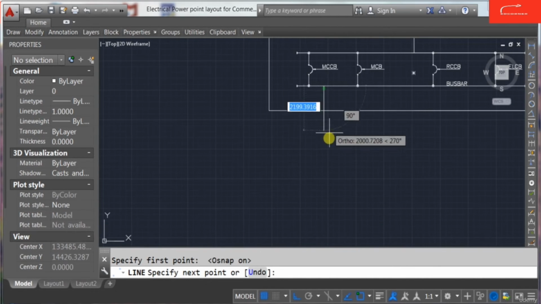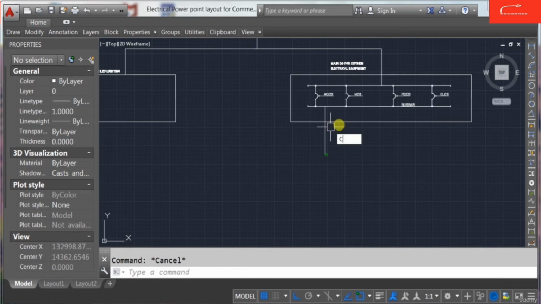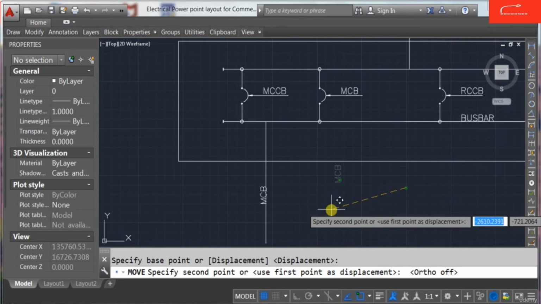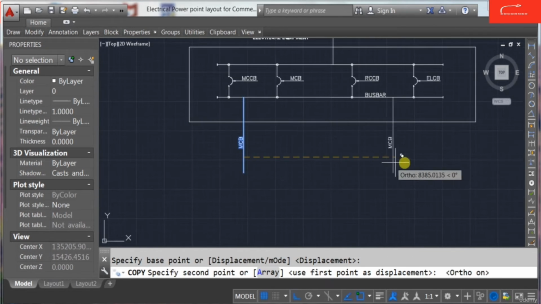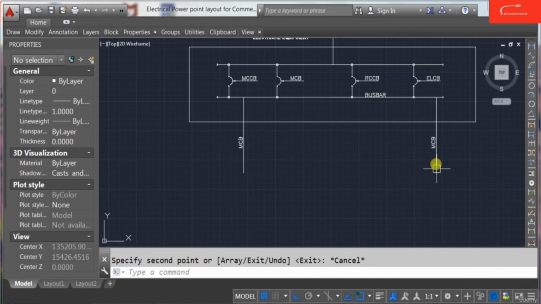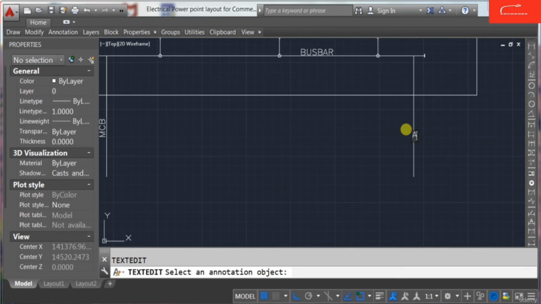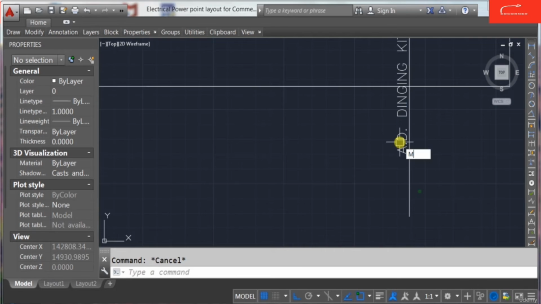One is from this bus bar I will draw. I will start from here, that is all day dining kitchen. This is all day dining kitchen.